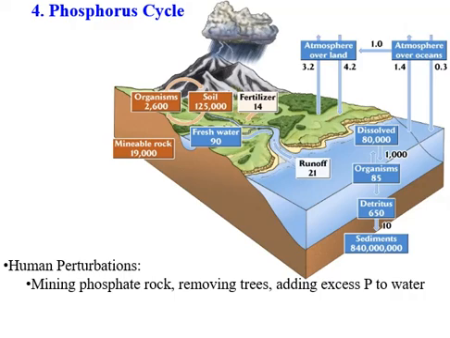Fertilizer, we add a lot of phosphorus. Then there's some in water, but the amounts in the water are not very large. If you look at the tiny little bit of phosphorus in the atmosphere, see how small those numbers are. So it's not a big part of the phosphorus cycle.